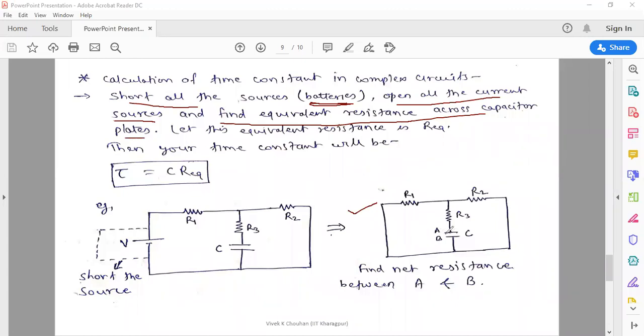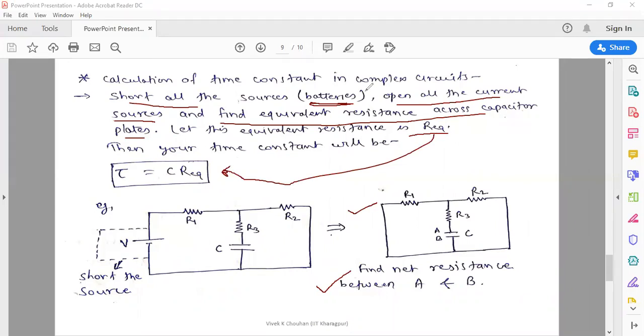Let's say this plate is A, this plate is B. So after drawing this circuit diagram, you will have to find the net resistance between A and B. Let us assume that the net resistance comes out to be R equivalent. Then your time constant will be tau equals C into R equivalent.